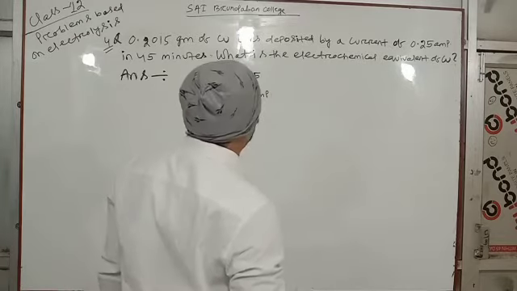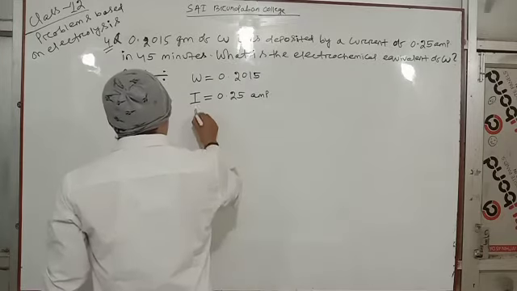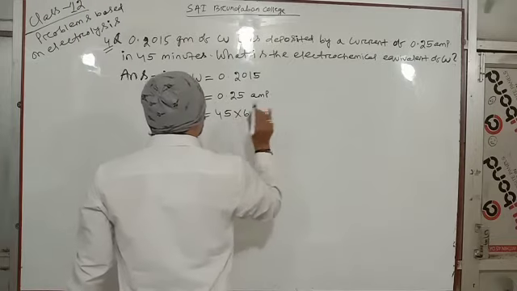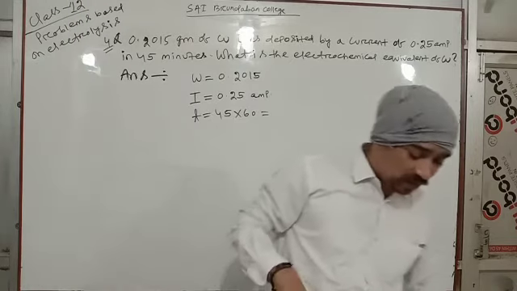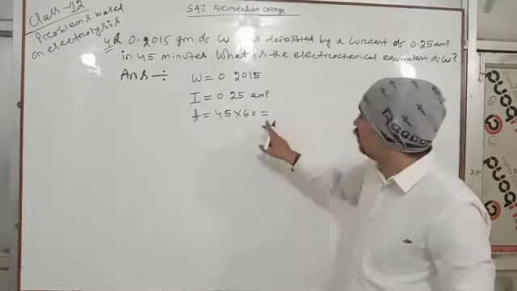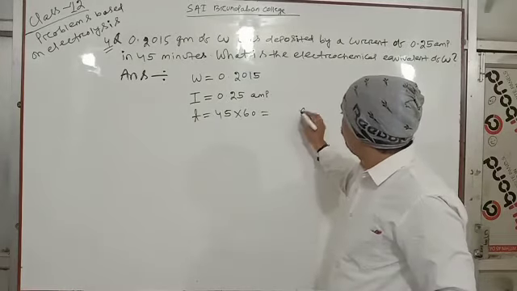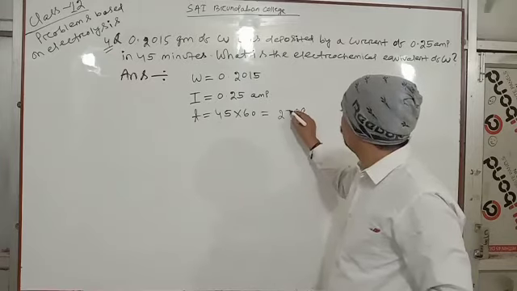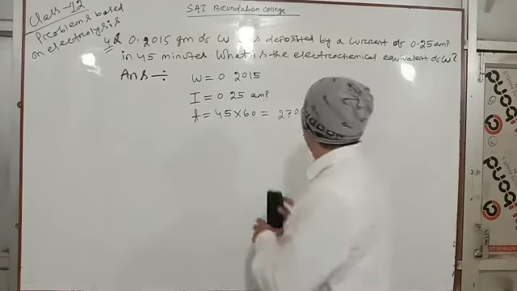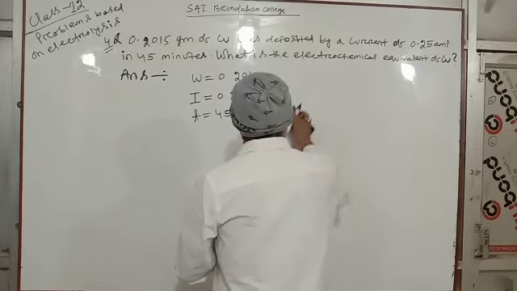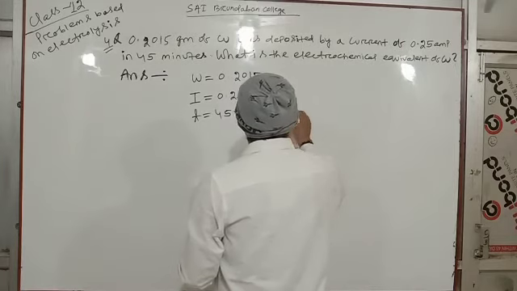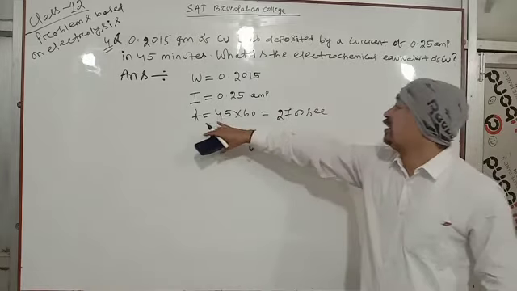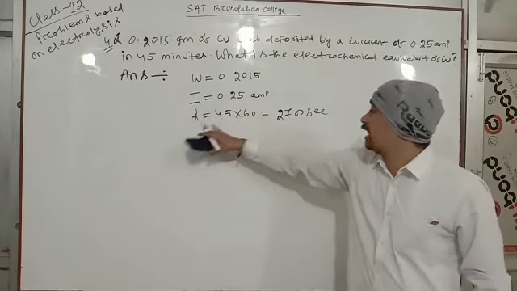T is 45 minutes, so 45 into 60 seconds. Current in ampere, time in second.